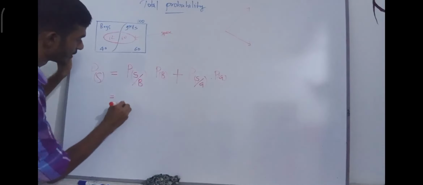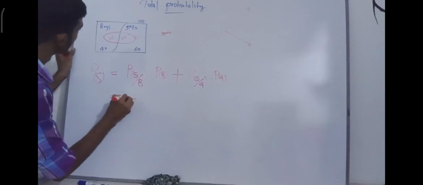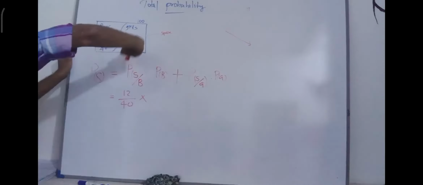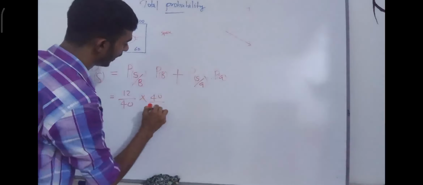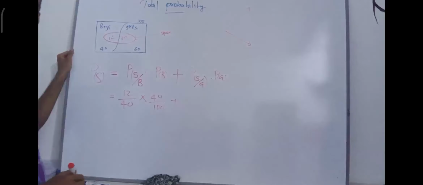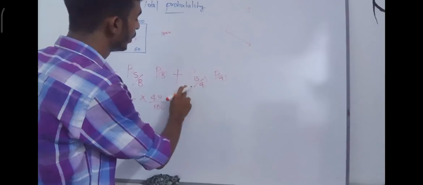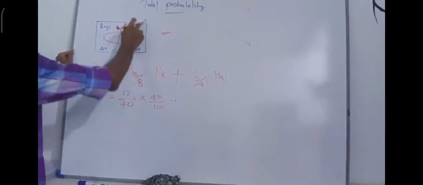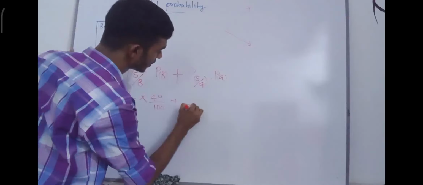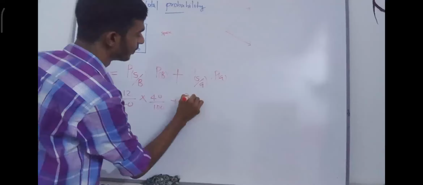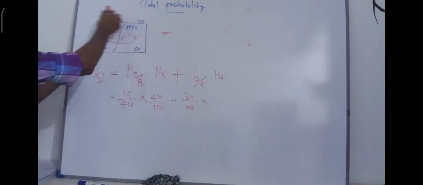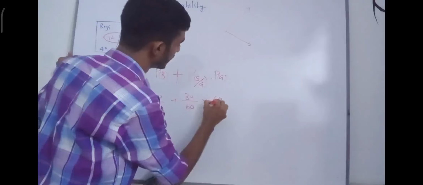There are 40 boys, and out of the 40 boys, 12 wear spectacles. The probability of boys is 40 divided by 100. Plus, probability of wearing spectacles when the student is a girl: out of the 60 girls, 30 wear spectacles, into the probability of girls in the classroom, which is 60 out of 100.